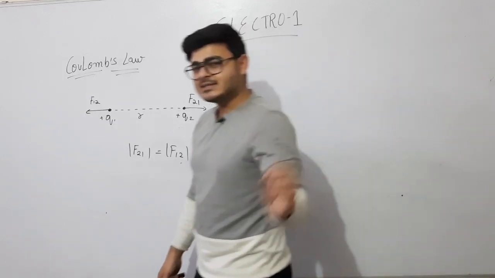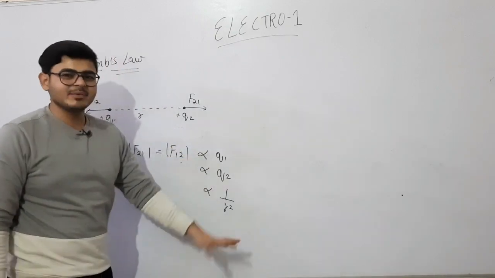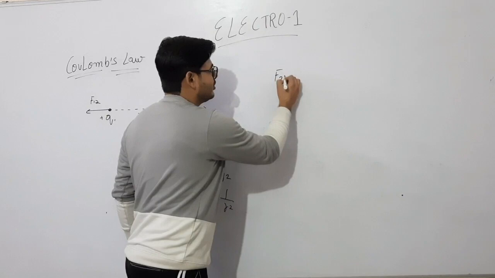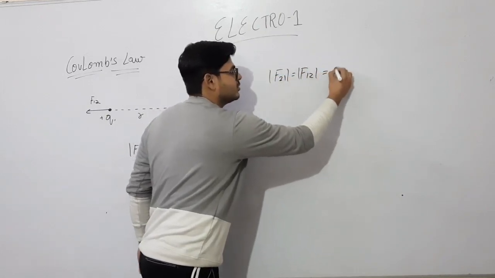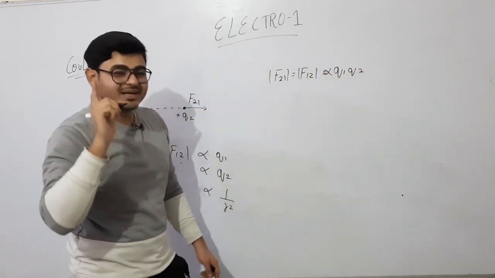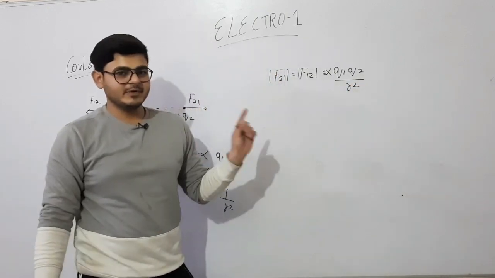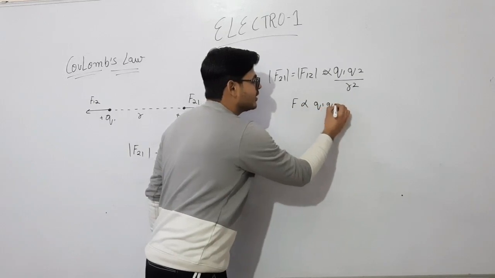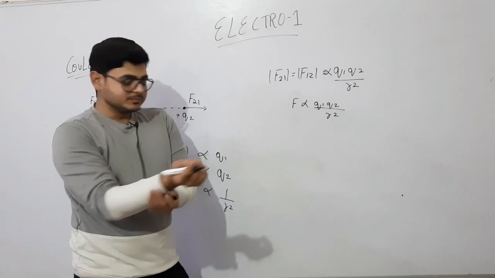And as you are in 12th, I think you can rearrange them in a formula like this: F21 equals F12 is directly proportional to Q1 Q2 upon r square, right?